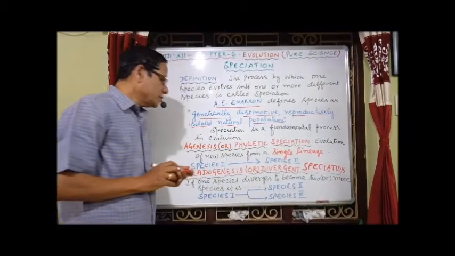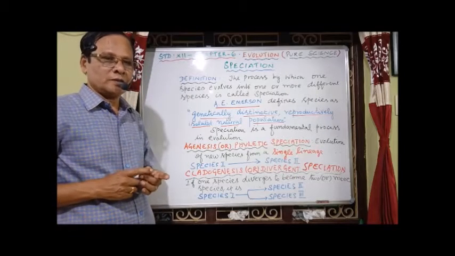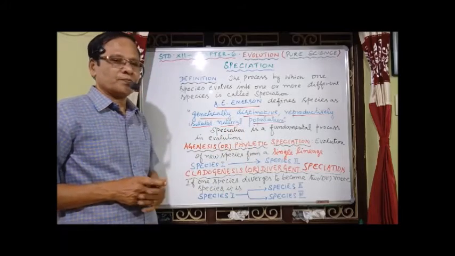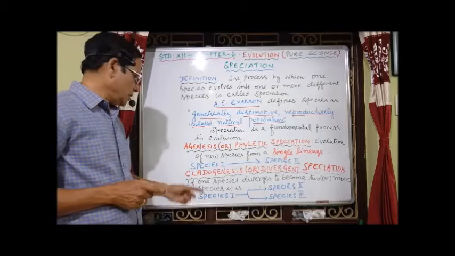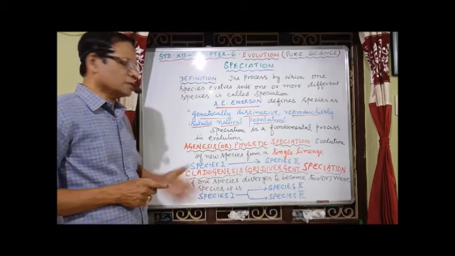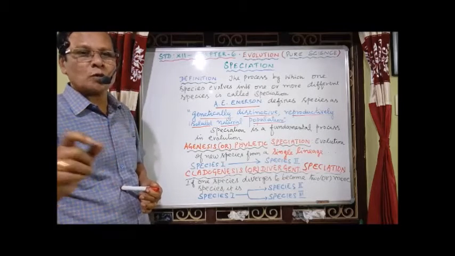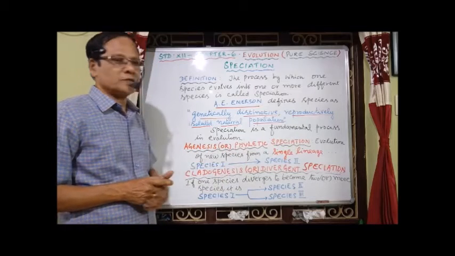If one species diverges to become two or more species, then the phenomenon is called cladogenesis or divergent speciation. From a single species, two or more species have evolved. That phenomenon is called cladogenesis or divergent speciation.